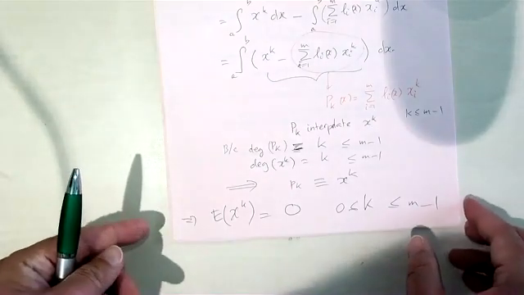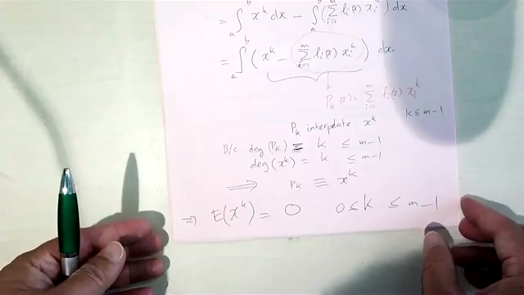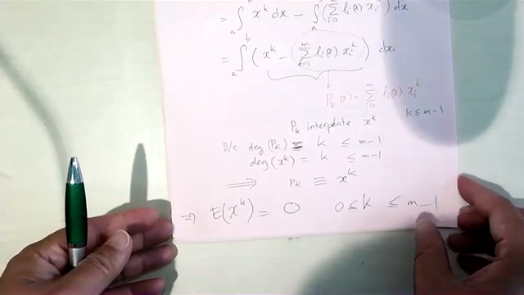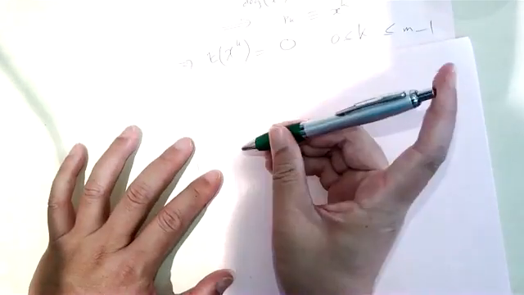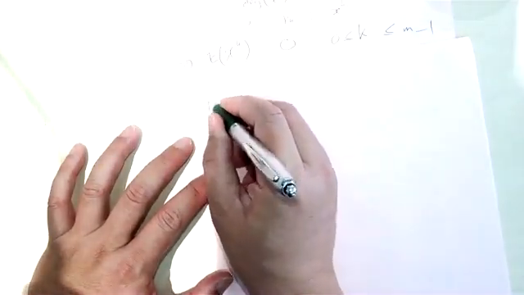And now the next part is what happens if I take k equal to m. Finish this one, yeah. So now the next step is what happens when I put k equal to m.